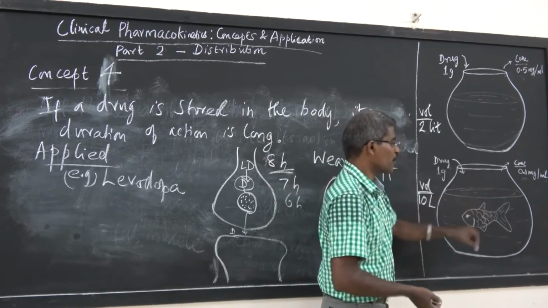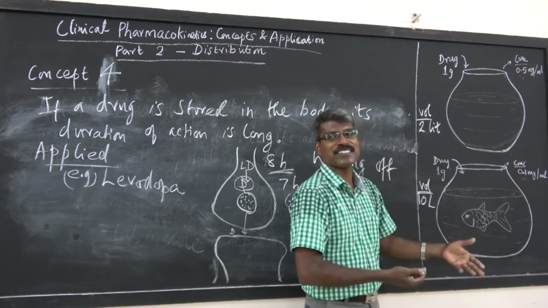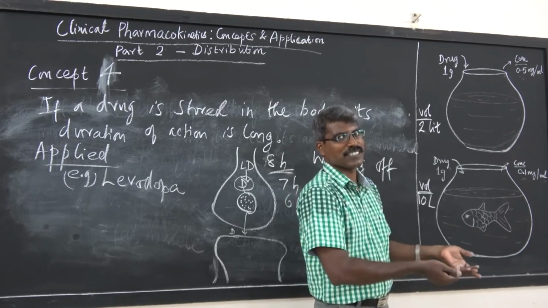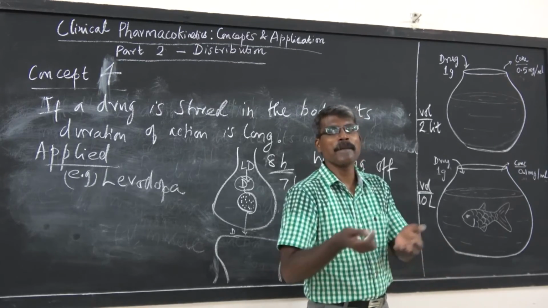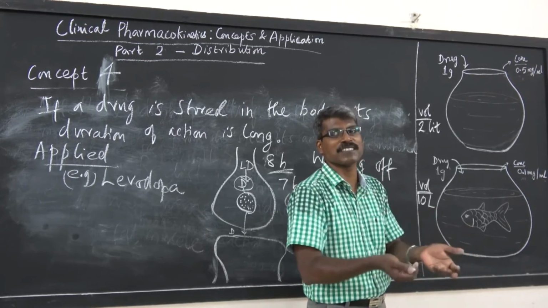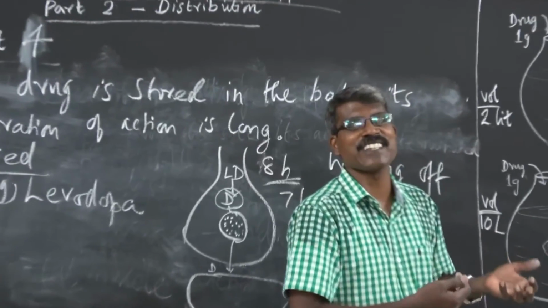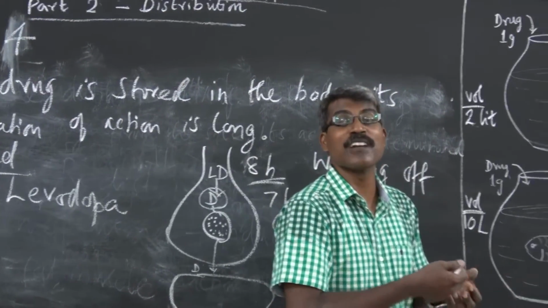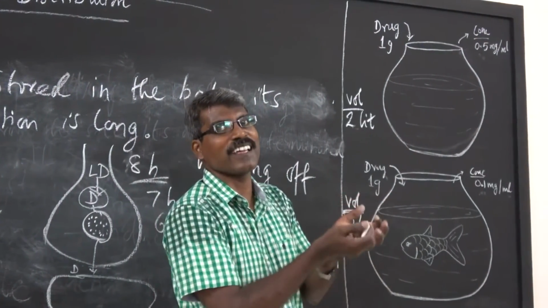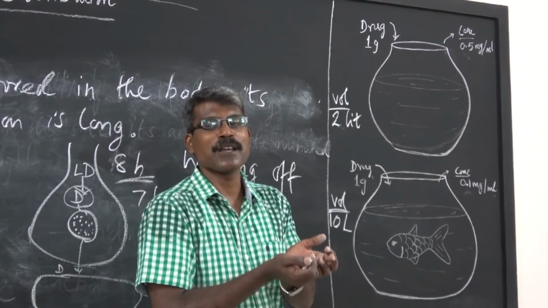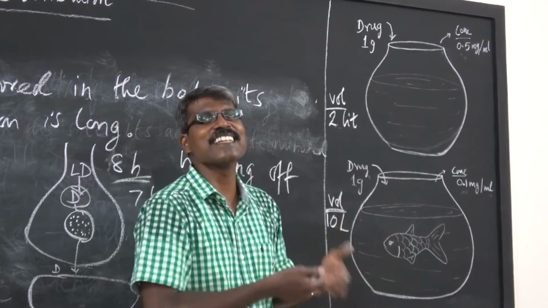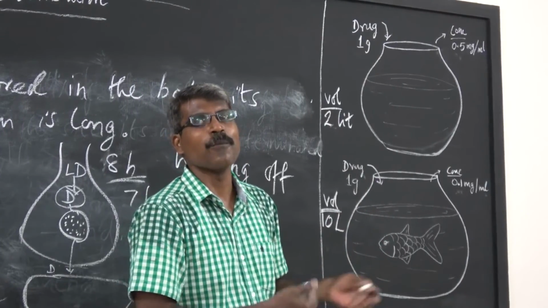So this jar is our human body, and there can be multiple fish. One fish can take the role of liver, spleen, CNS, bone, tissue, muscle. So we have a lot of fish, and we don't know which fish will take how much. That's why the apparent volume of distribution sometimes becomes so large that it exceeds even the volume of our body.